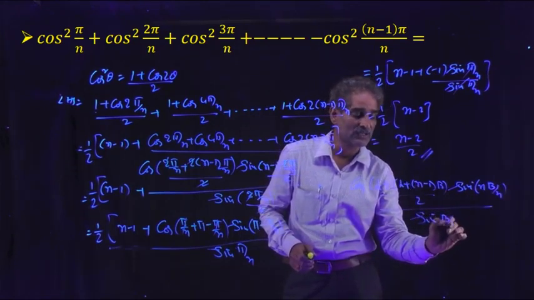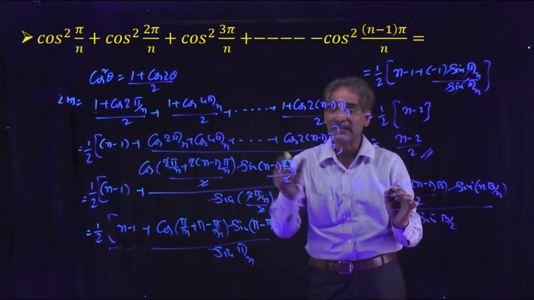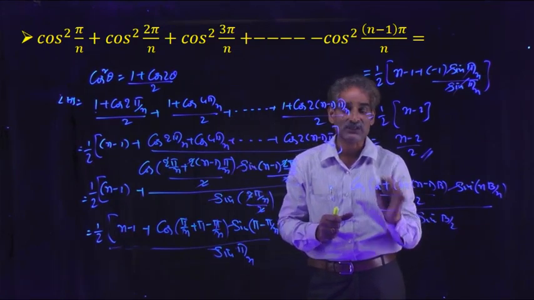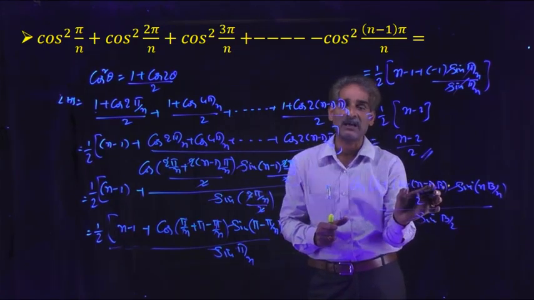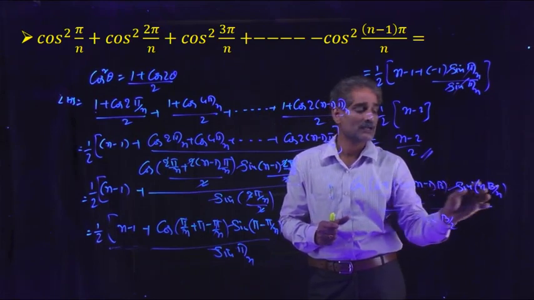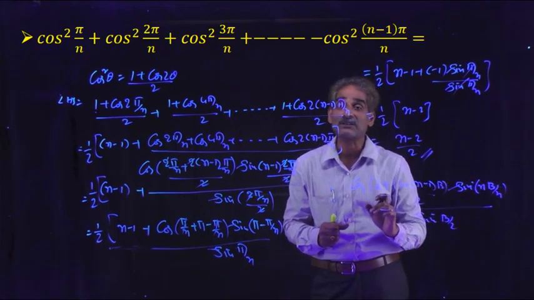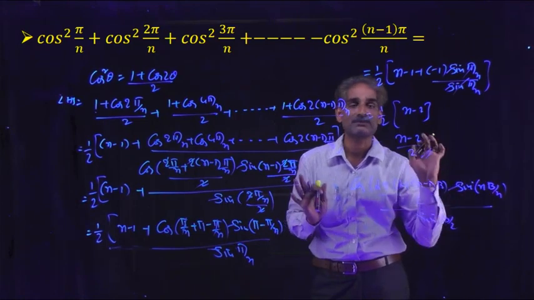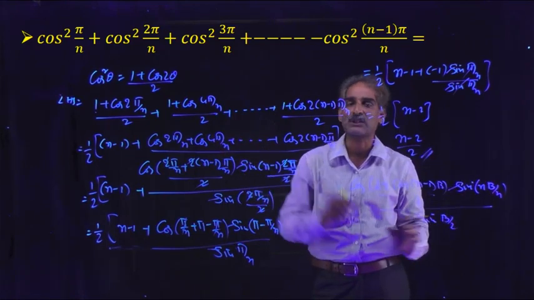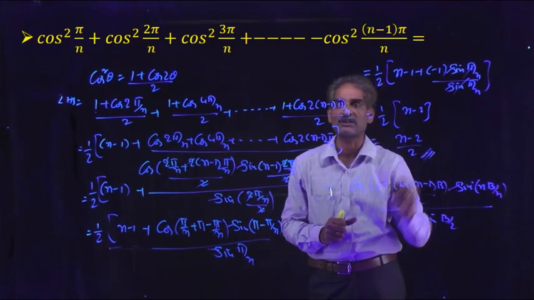This is the formula. Here alpha is the angle in the first term, and this is the last angle, beta is the common difference, and n is the number of terms. This is the formula for this type of expression. Okay, this is the answer, right?